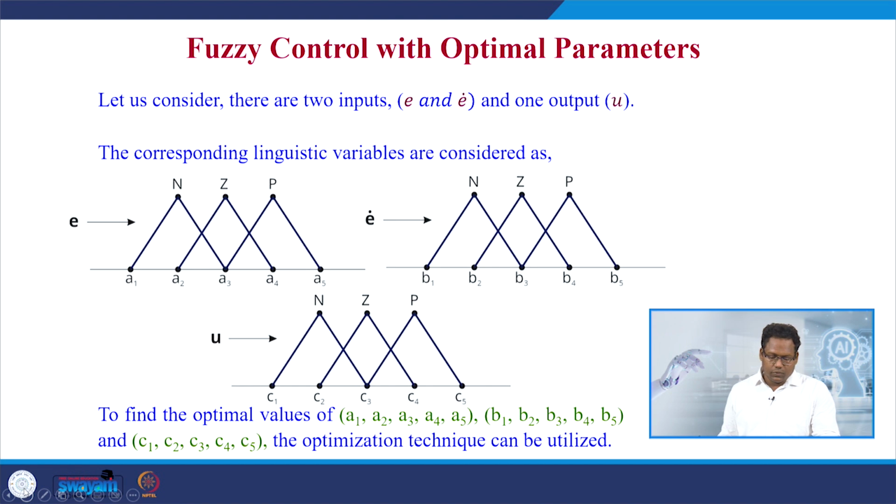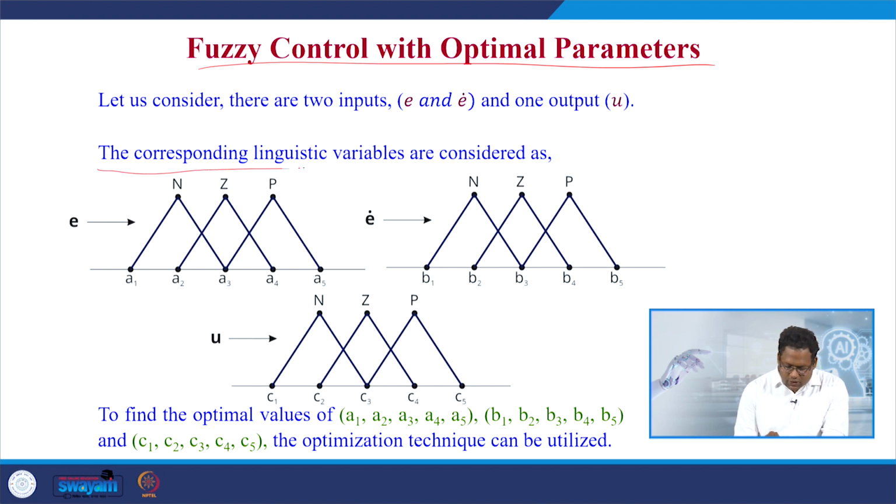Now, let us move into the second topic of this lecture, fuzzy control with optimal parameters. Let us consider there are two inputs, error E and derivative of error E dot, and one output variable U, where these three are called linguistic variables associated with fuzzy control: error, derivative of error, and control output.